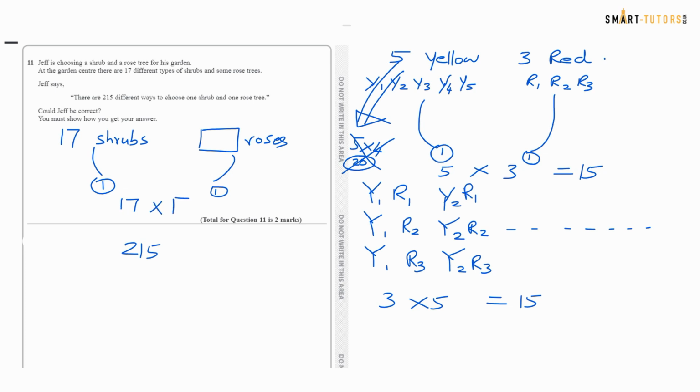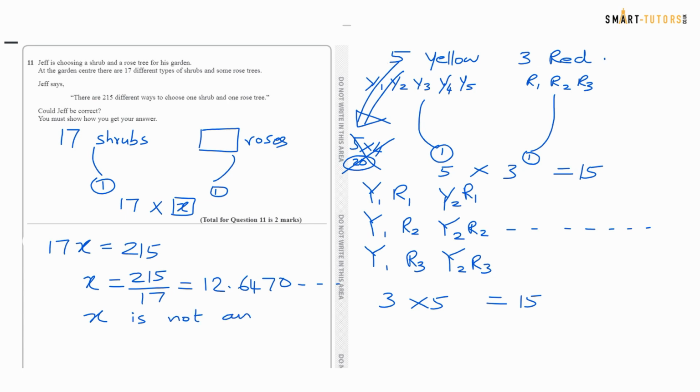Jeff's comment says 215 different ways. So 17 shrubs, 17 different ways, times, I put a box, X rose trees, X different combinations. So 17 times X has to be equal to 215. So X has to be 215 divided by 17.